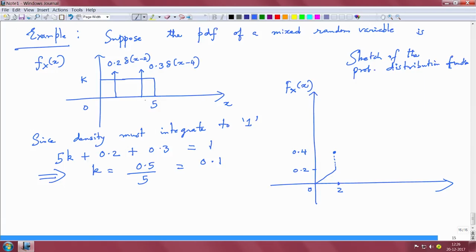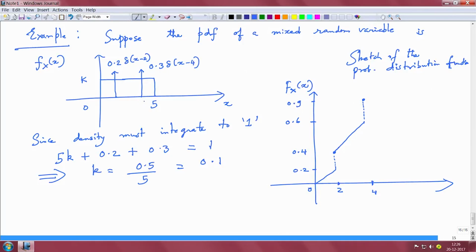Now, between 2 and 4 I do not have any impulse, so I keep integrating till I accumulate a mass of 0.6, and at 4 I have an impulse with a mass of 0.3. So, I accumulate a mass of 0.3 here, and I get to 0.9.